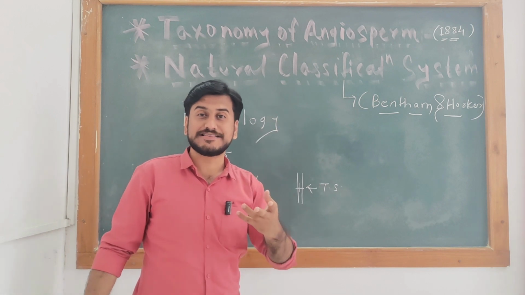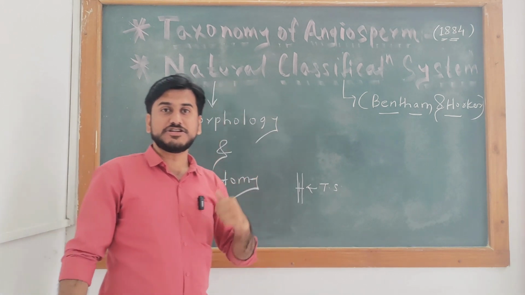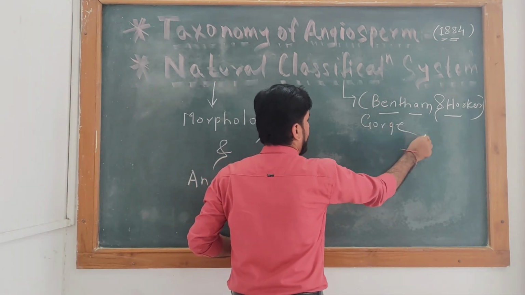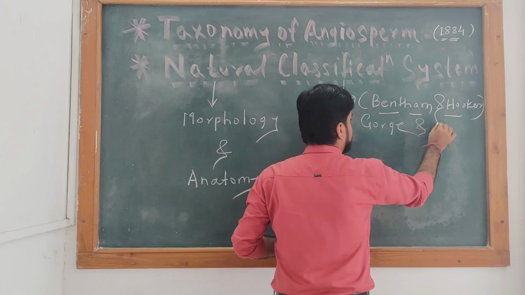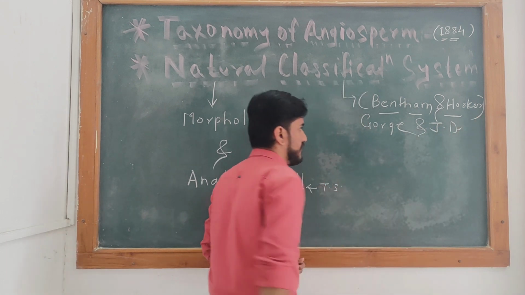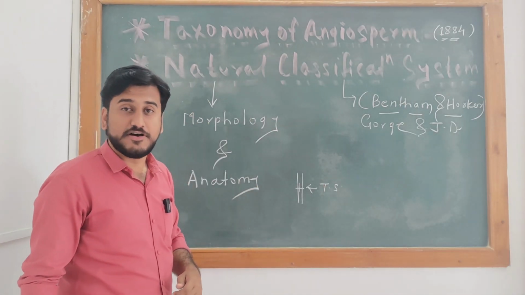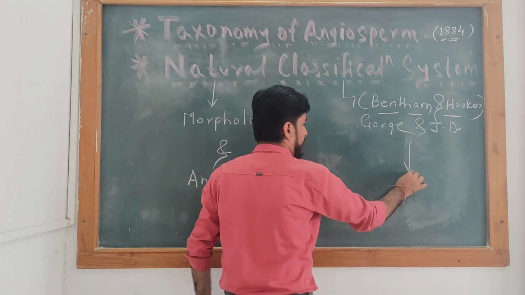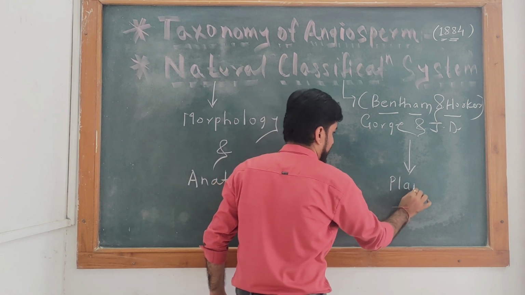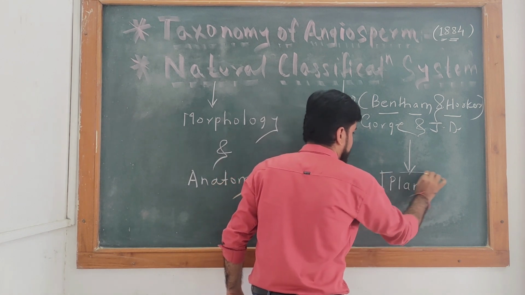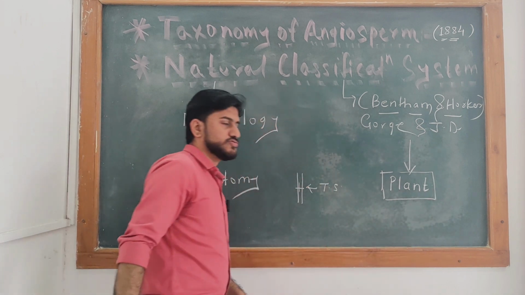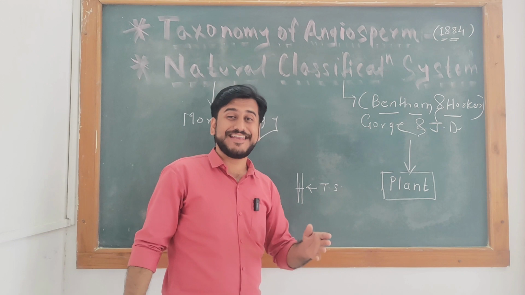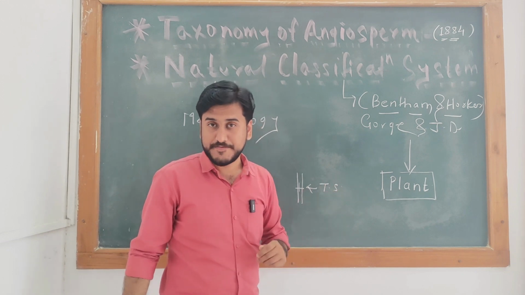So why is it known as natural? Because according to George Bentham and Z.D. Hooker, these two scientists studied the plant, and this plant study is very simple, at the level of morphology as well as anatomy.